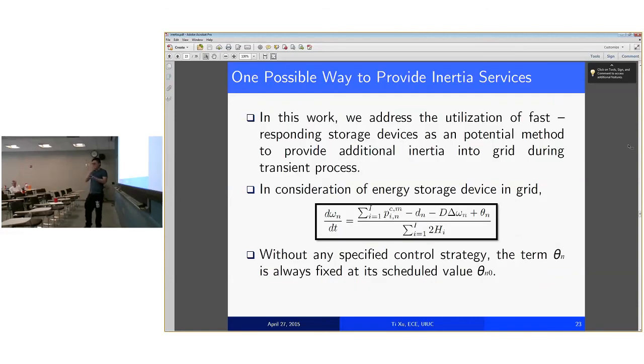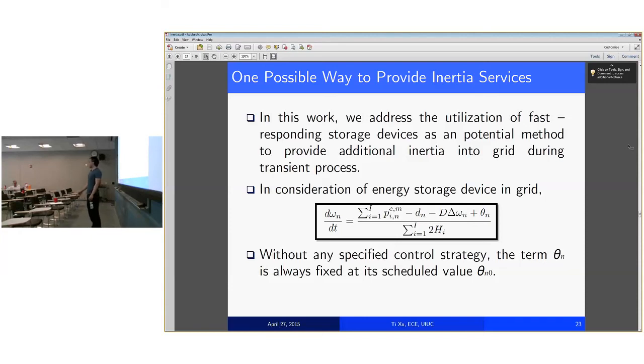And as I don't want to talk about, we can add some inertia, but there is some way we can add some virtual inertia in the system, provided by the fast responding storage. So if theta n represents the output of the storage, if I use some regular storage during the dynamic simulation, theta n is fixed to the scheduled value.